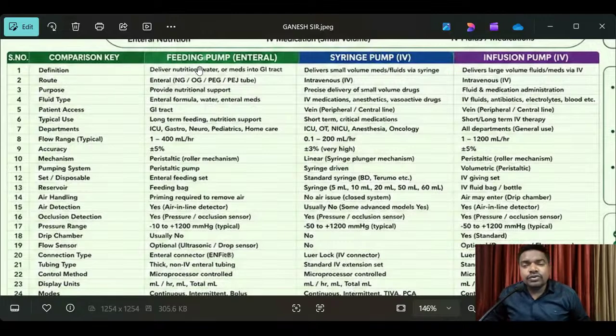Comparison number one, definition. I'm going to read out and show you the presentation. Listen carefully. When you come to the feeding pump, first point, definition: deliver nutrition, water or medications into the GI tract, the gastrointestinal tract.